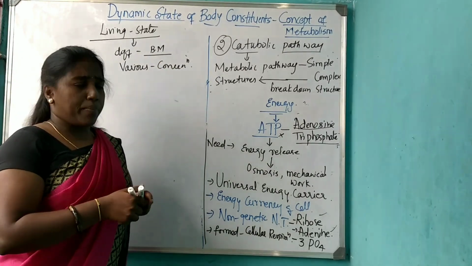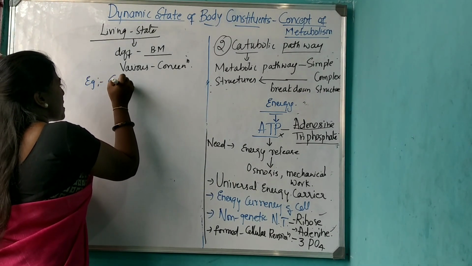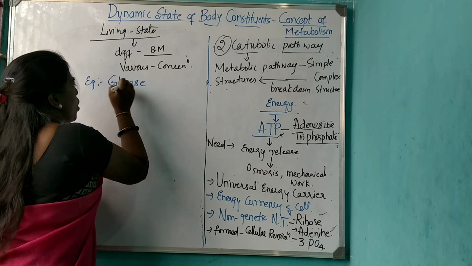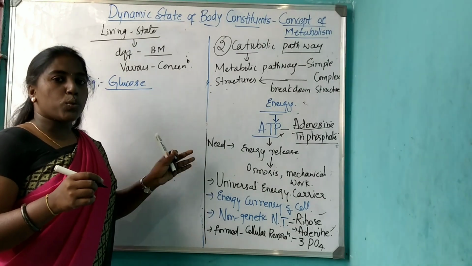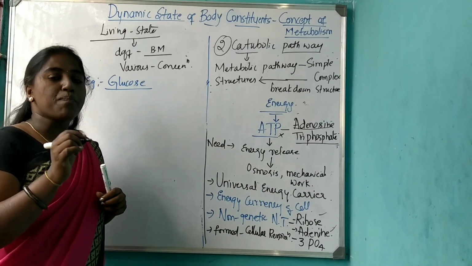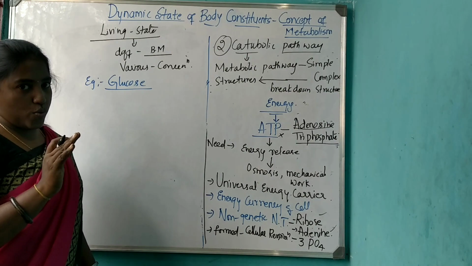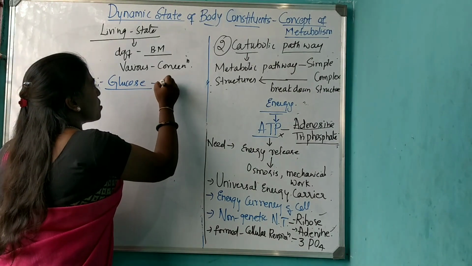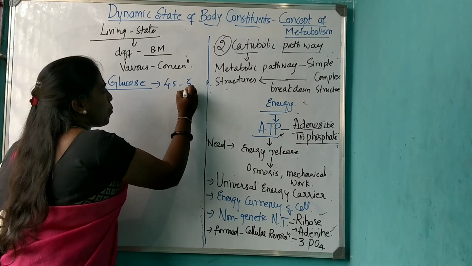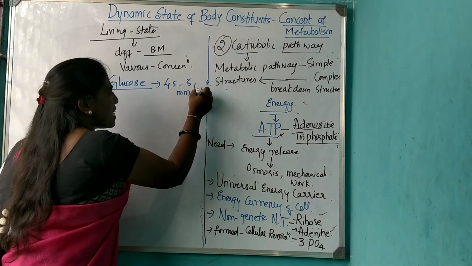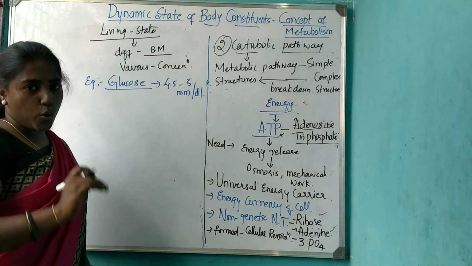Let us see an example. Let me take the first example, glucose. Glucose is 4.5 to 5 millimolar per deciliter in a healthy individual.